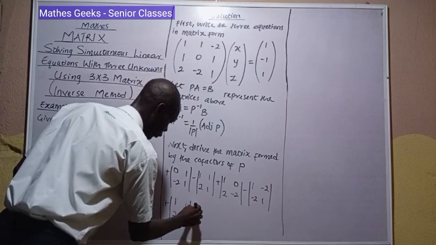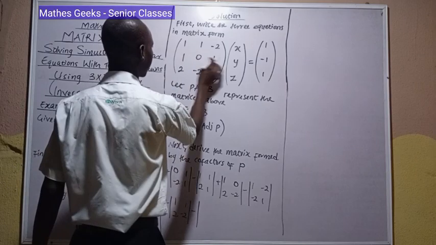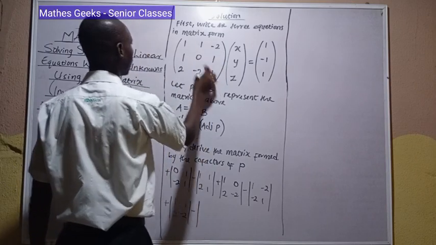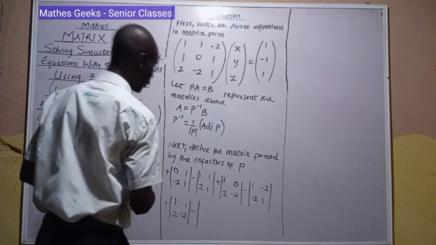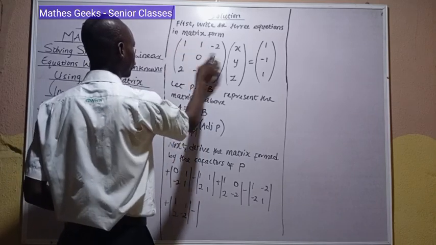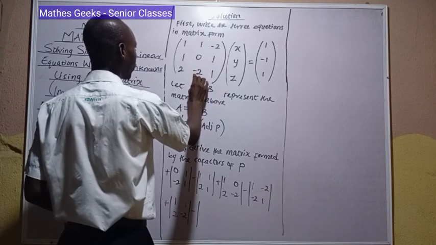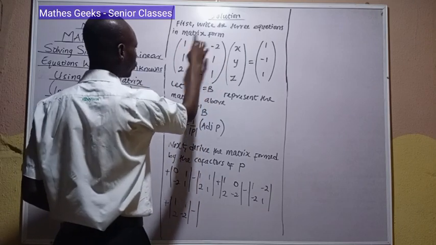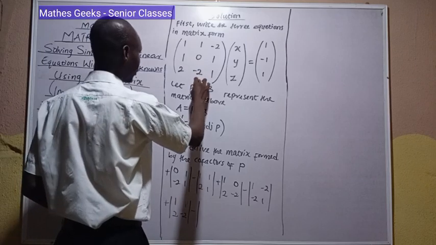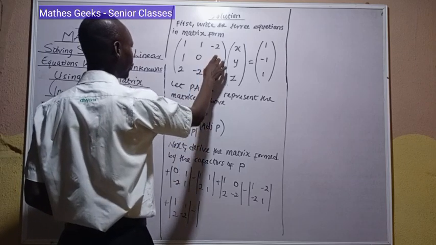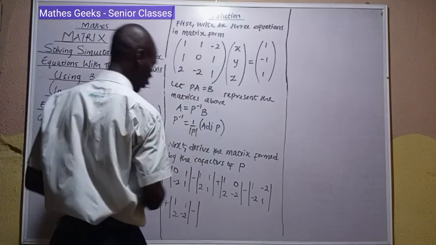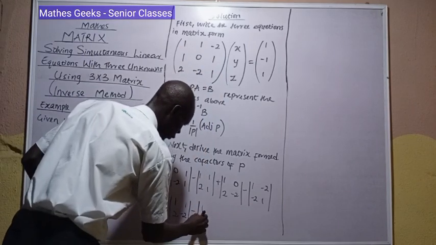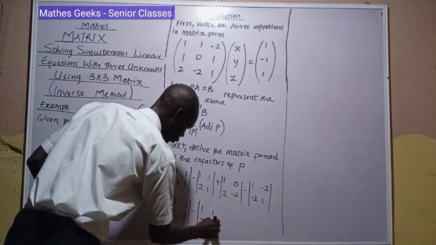Minus, second row, third column, with 1, 1, 2, minus 2.